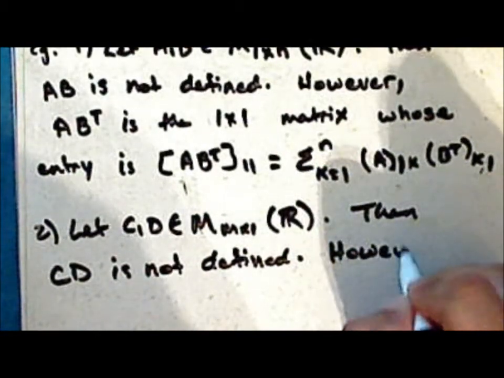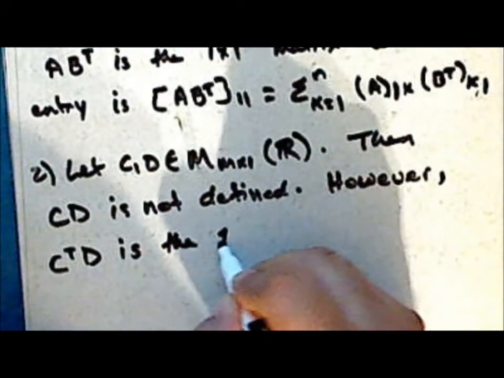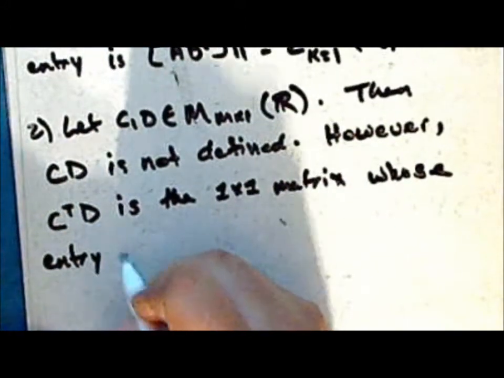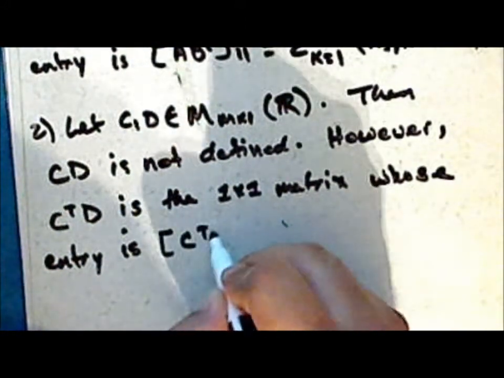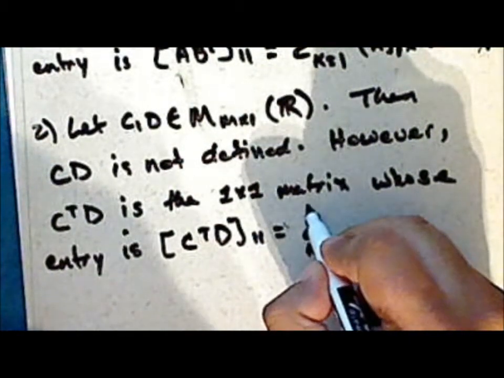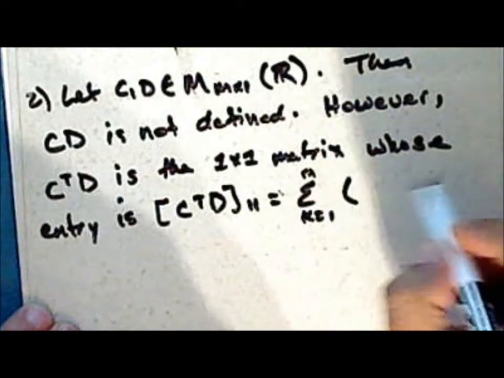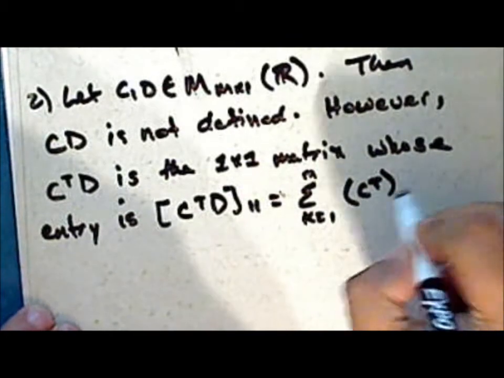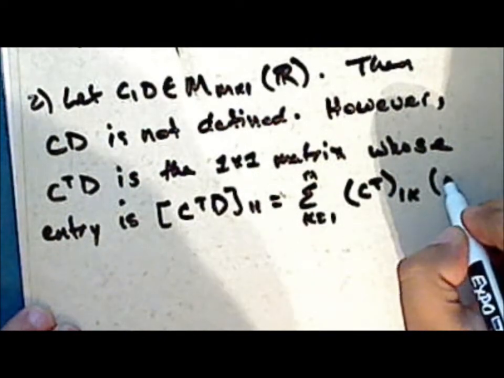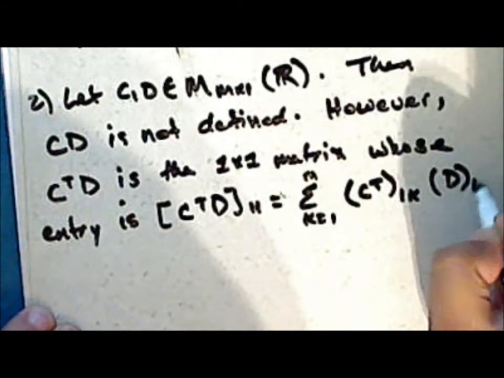However, the transpose of C, post multiplied by the matrix D, is the 1 by 1 matrix whose single entry is the sum, ranging from k equals 1 to m, of the single row, which is the transpose of the matrix C, with the single column, which is the matrix D.